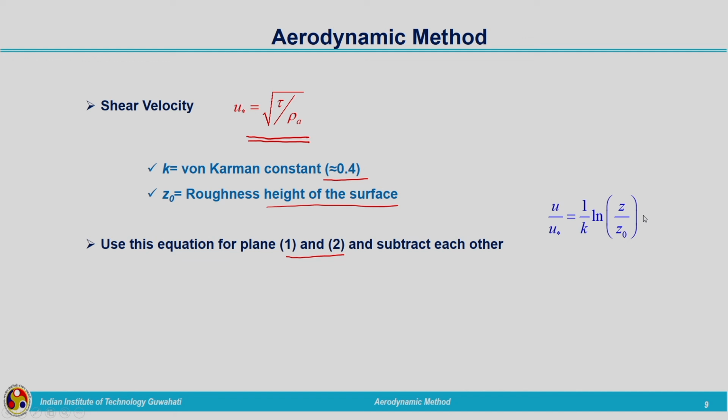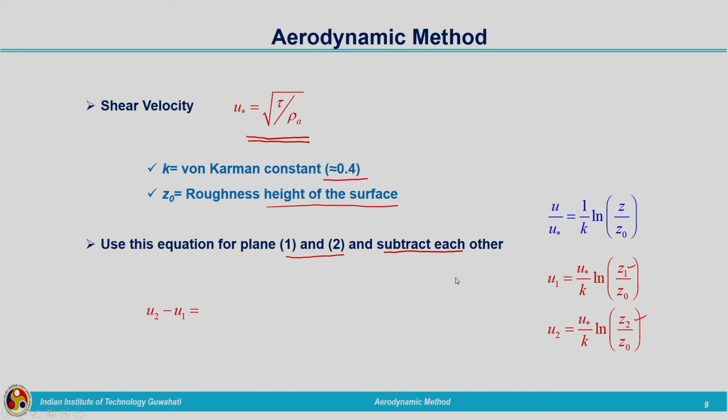We will write the equation for two different altitudes, that is u1 is equal to u star divided by k ln z1 divided by z naught, and u2 is u star divided by k ln z2 divided by z naught. After that, we are going to subtract one equation from the other.